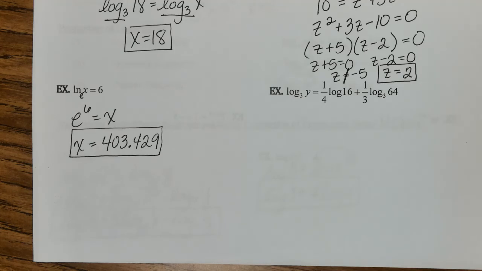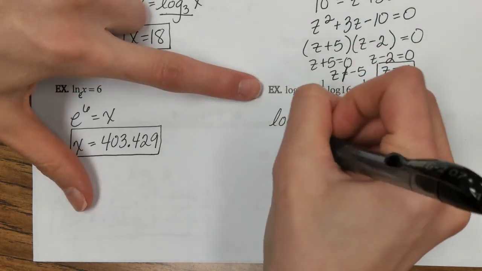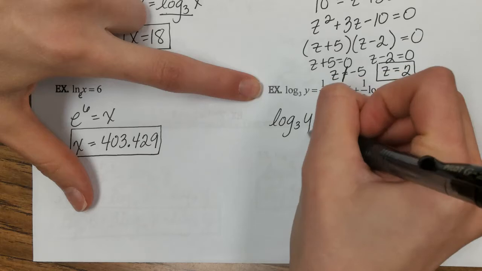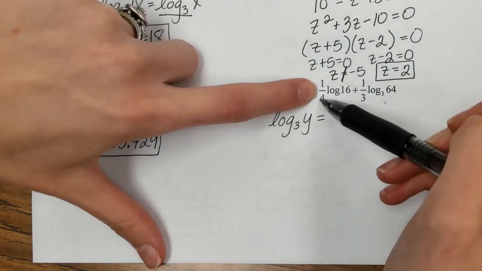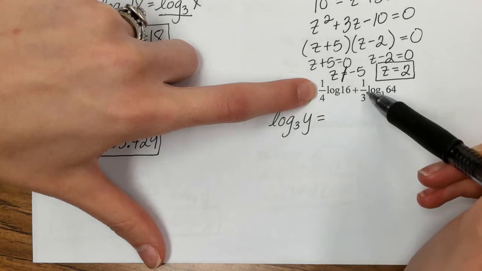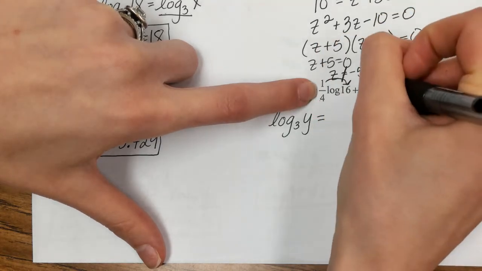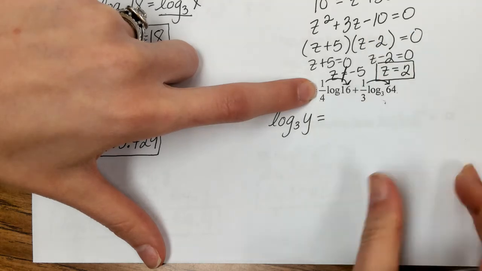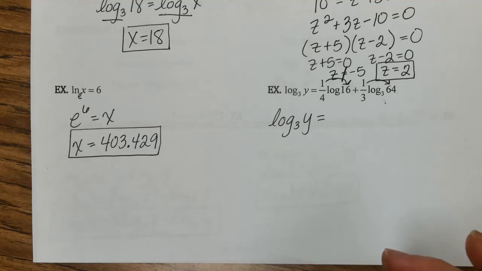Y'all good? So here, I've got log base 3 of y equal to, look at what's happening here. I've got 1/4 log 16 plus 1/3 log 64. So these exponents, what is this going to turn into?